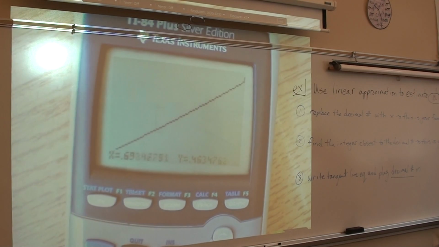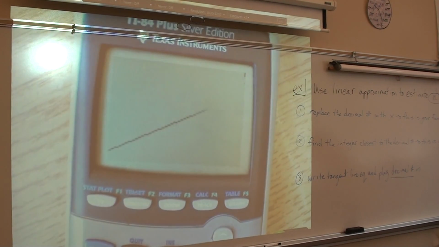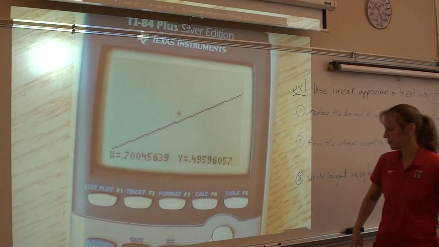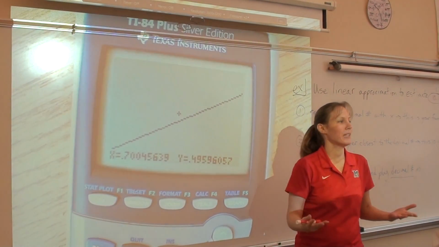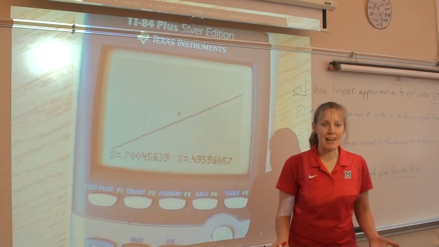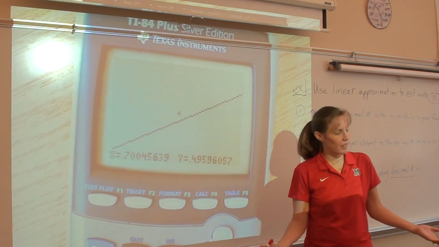Okay, so say we've got this line, right? Not only does the curve become linear, but say I wanted to find the equation of that line. What do you think that the equation of that line would be?